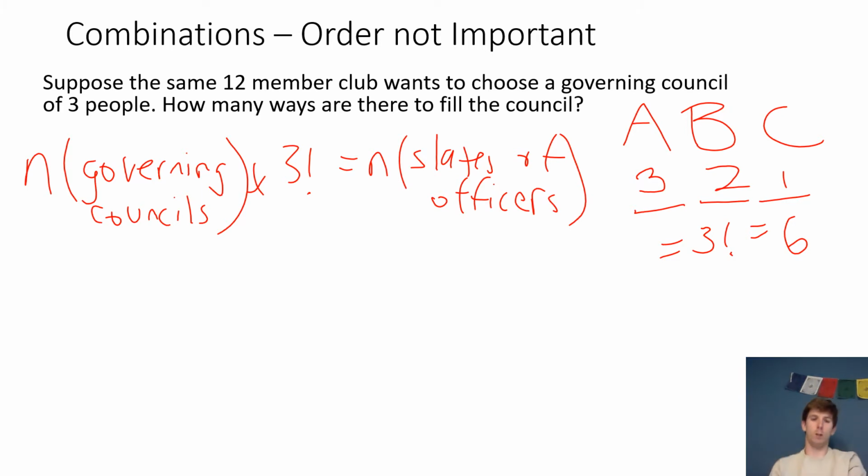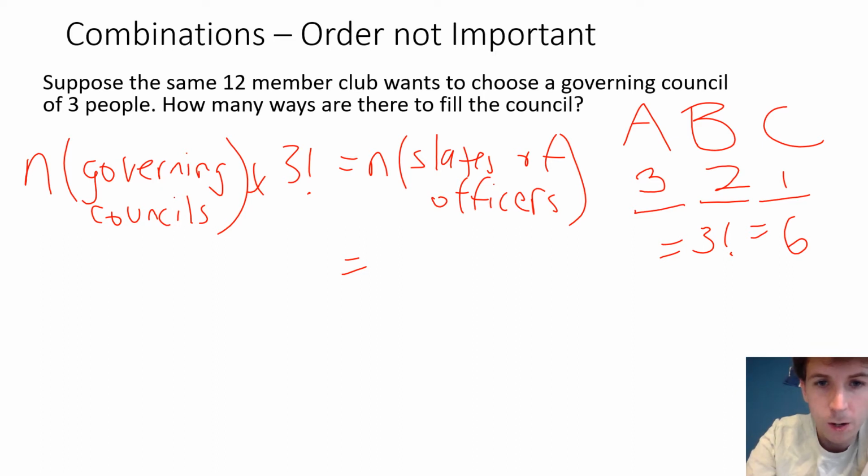The slates of officers being what we solved in that previous example, 12 times 11 times 10. Because all of these situations, the different combinations of ABC, BAC, CBA, were counted in that one, but we do not want to count them here.